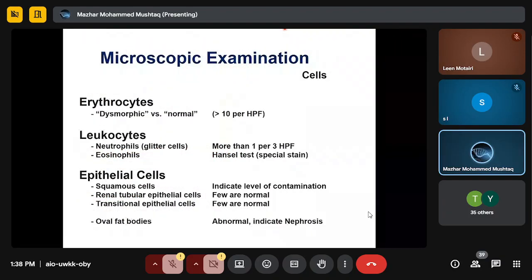For example, the erythrocyte. Sometimes the shape is also very important. For example, if you see dysmorphic versus normal, you can see it when they are more than 10 in a HPF, high power field. What does it mean, dysmorphic or normal? Dysmorphic means that the red blood cells you see under the microscope are sort of folded upon each other.